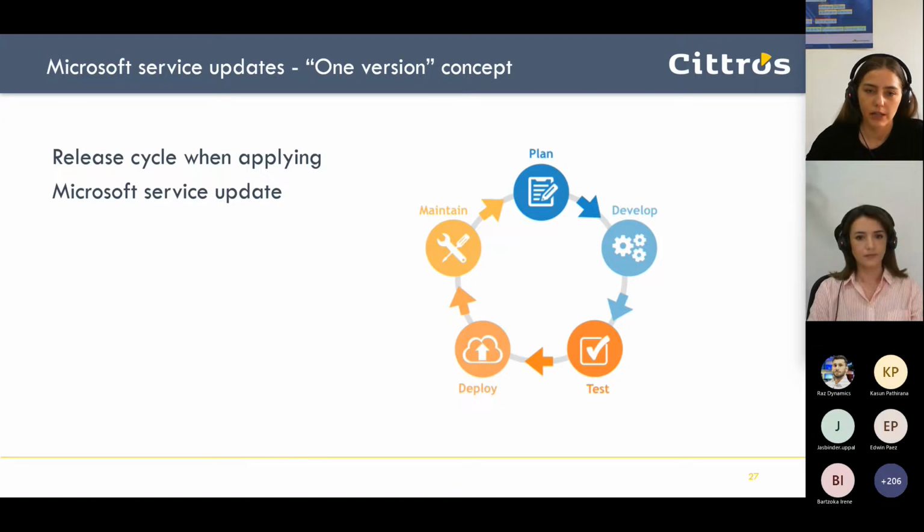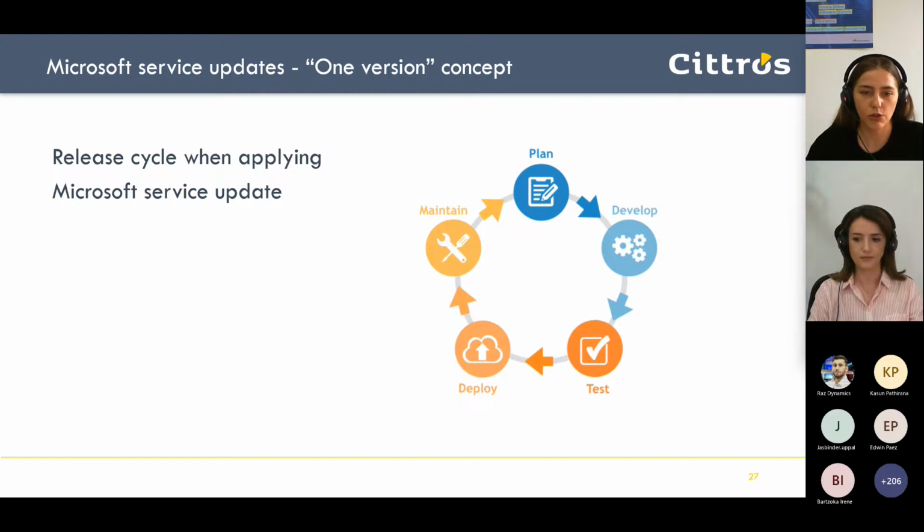After applying any Microsoft update, you should verify and test those changes before they hit production. The release cycle that Vera explained earlier in the presentation is also valid for applying Microsoft service updates. You start by planning your updates using the Microsoft release schedule. Next is the develop phase, and the code in the service updates is already developed by Microsoft.